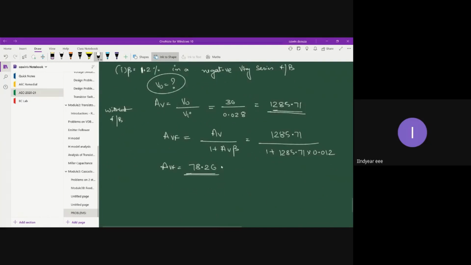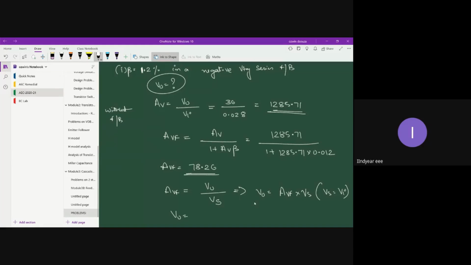Therefore you can now find V naught. AVF is V naught by Vs, so V naught is equal to AVF into Vs. We are assuming Vs is equal to Vi.